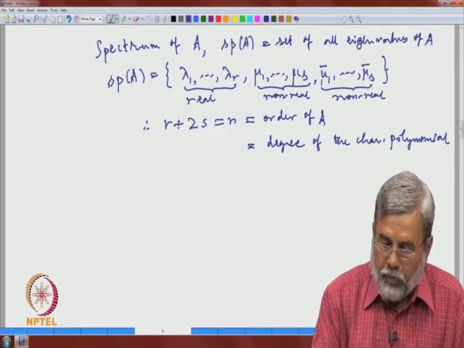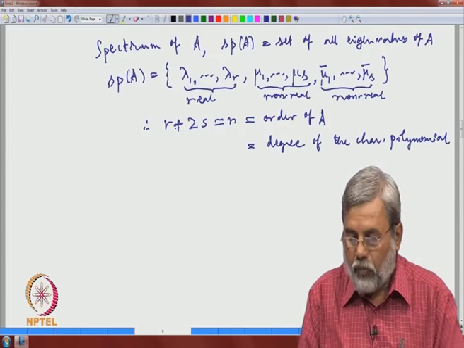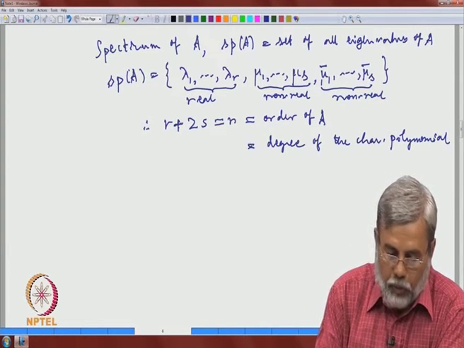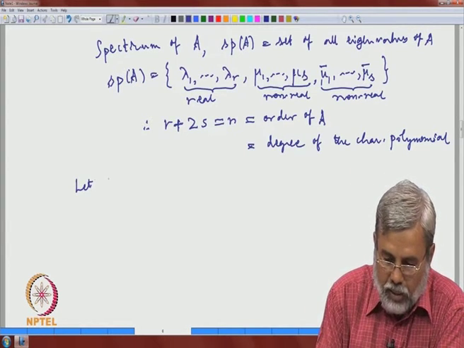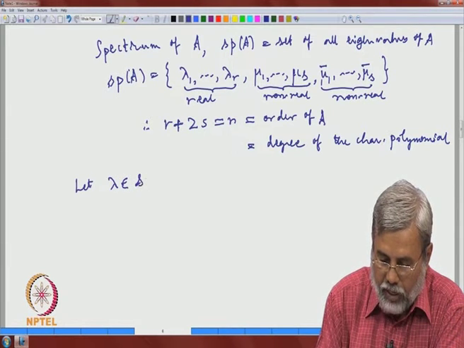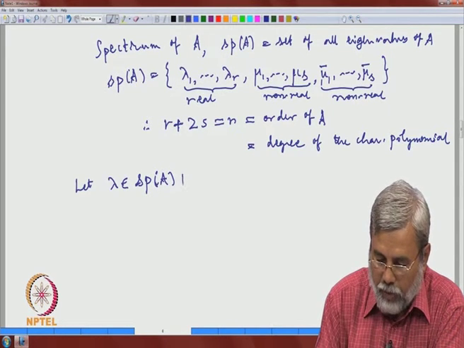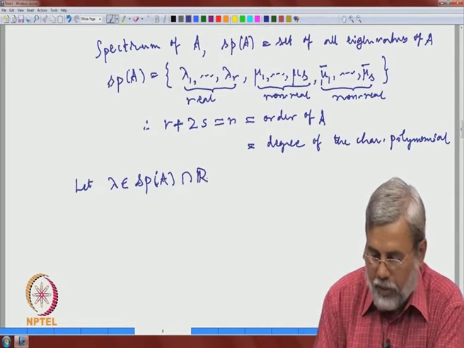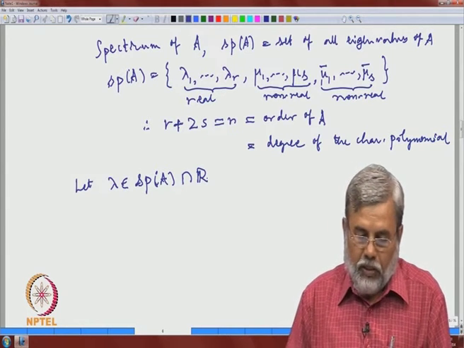Now, just pick lambda belonging to the spectrum of A, also real. The complex case is similar.